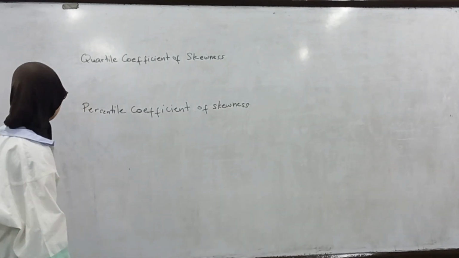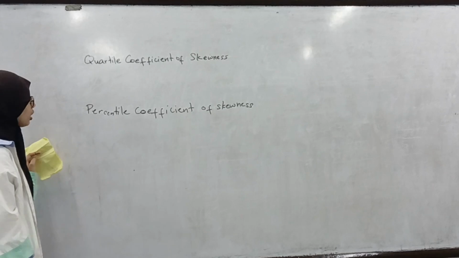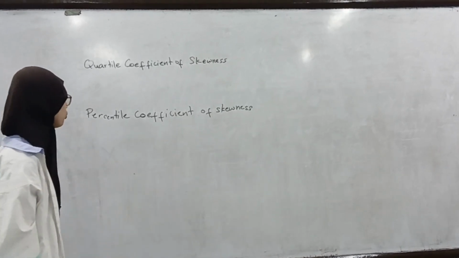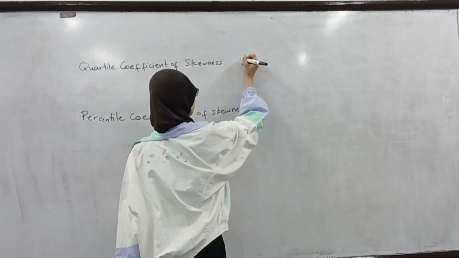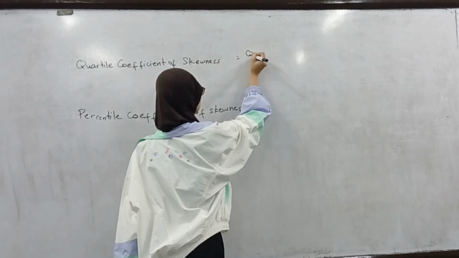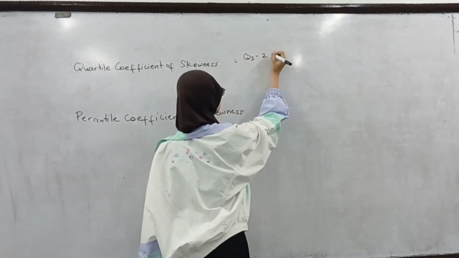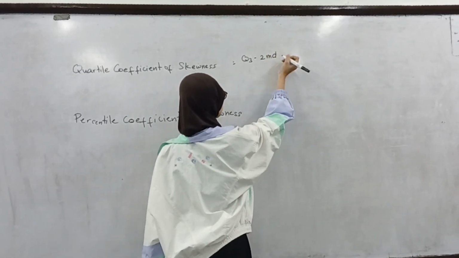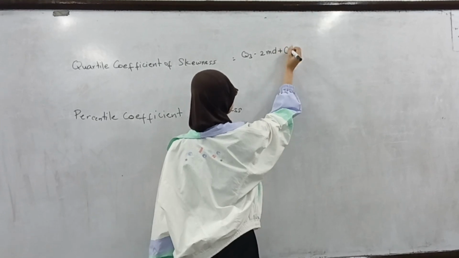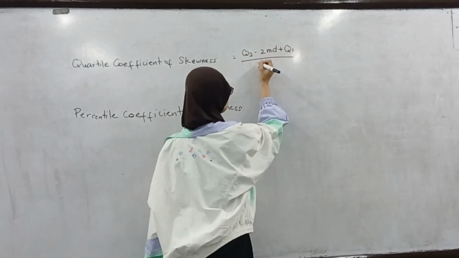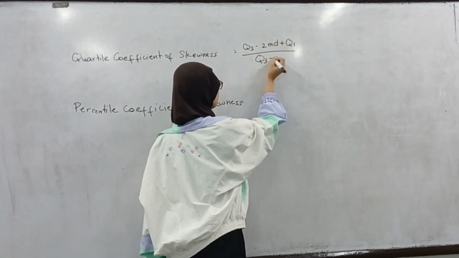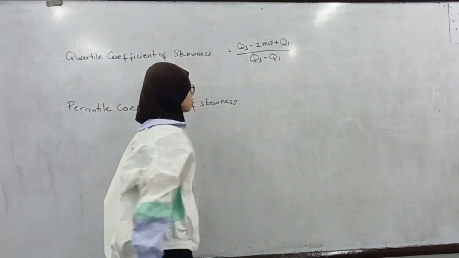Here is another formula for finding the quartile and percentile coefficients. The quartile coefficient of skewness is equal to third quartile minus 2 times median plus first quartile, over third quartile minus first quartile.